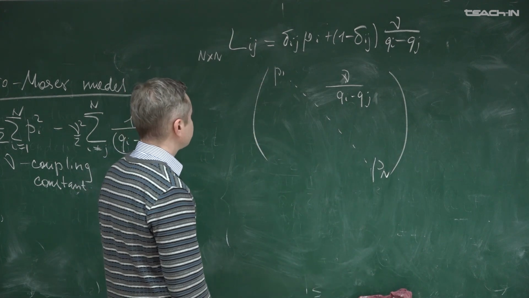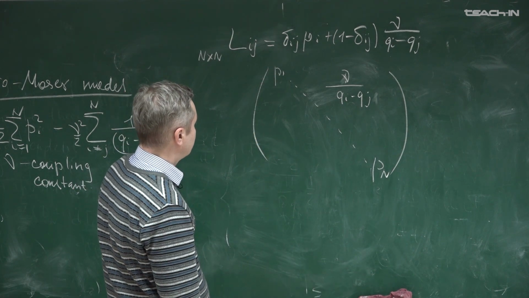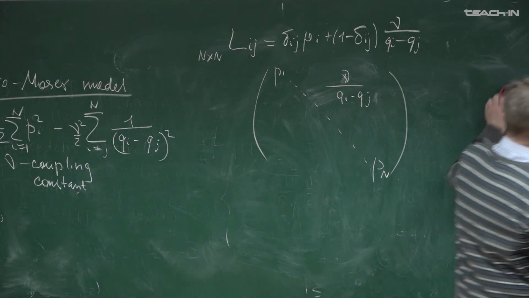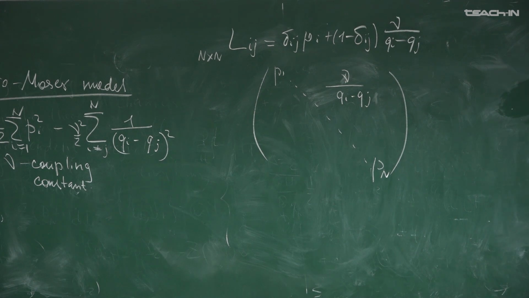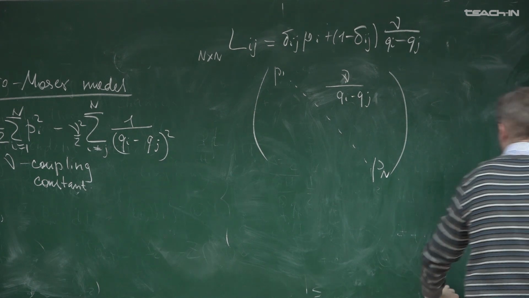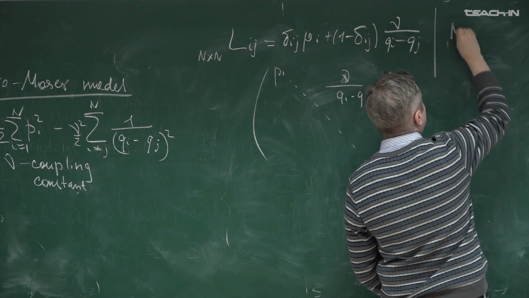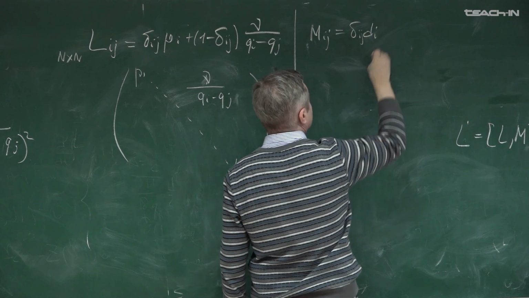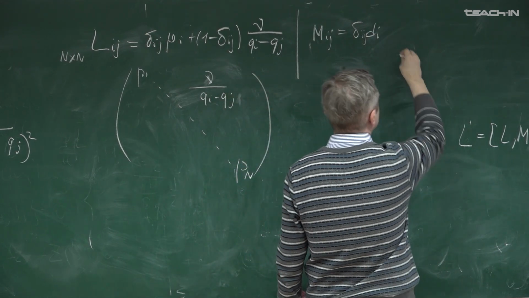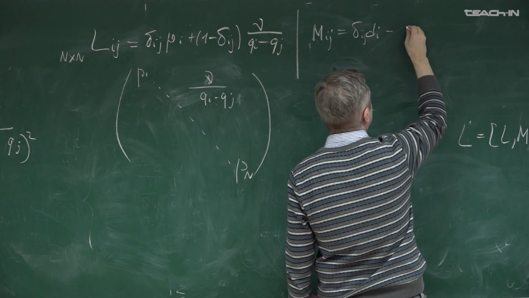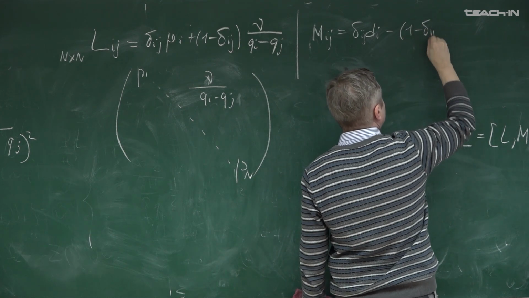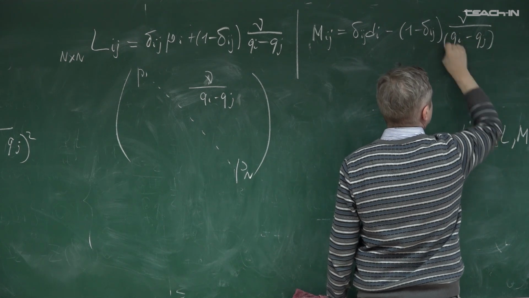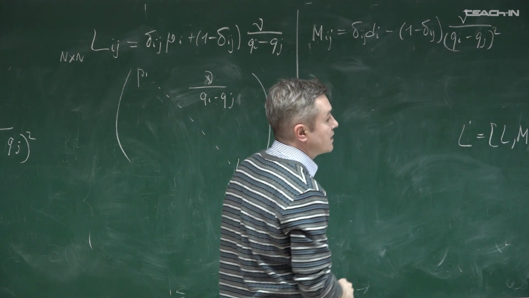And M matrix, in fact, has a very similar structure. M matrix has some elements on the diagonal, and it has the following expressions for off-diagonal elements.